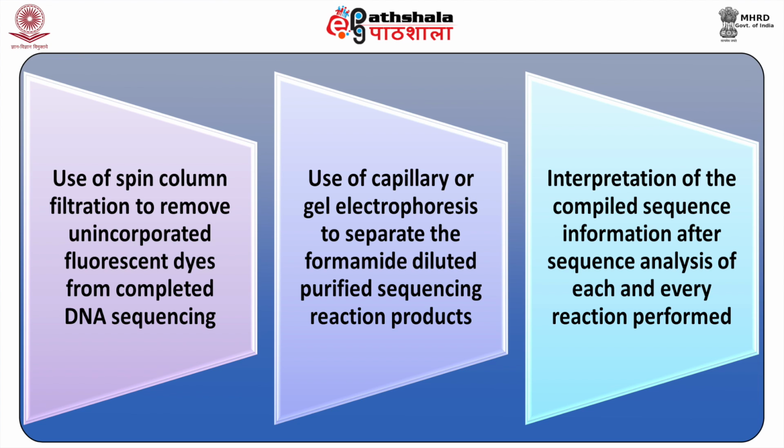Capillary or gel electrophoresis is used to separate the formamide diluted purified sequencing reaction products. And next is interpretation of the compiled sequence information after sequence analysis of each and every reaction performed.